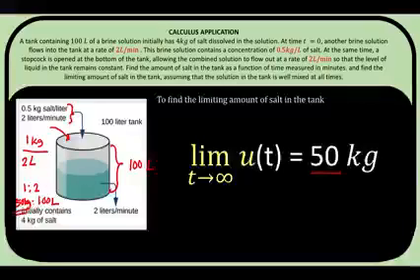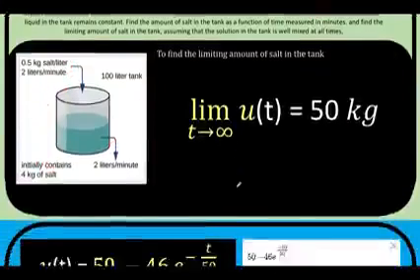And that is always 50 kilograms out of 100 liters or 1 kilogram out of 2 liters. So that is the limiting value of the amount of salt in the tank as t approaches positive infinity.